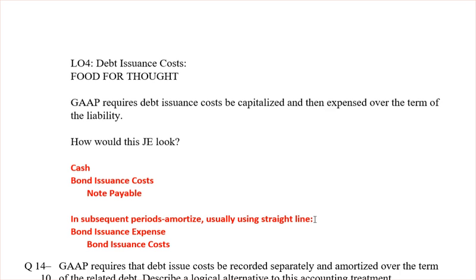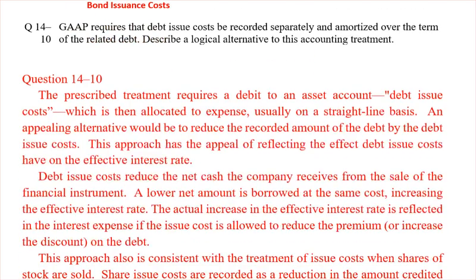Usually, the way I'm going to want you to do it, I'm going to want you to increase your discount or reduce your premium and then amortize it, including it as interest expense. Okay?